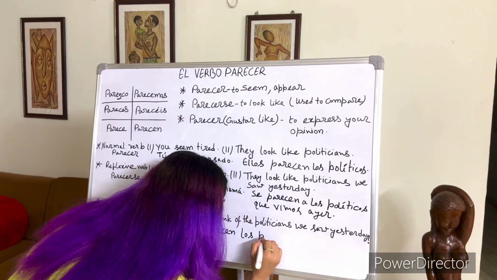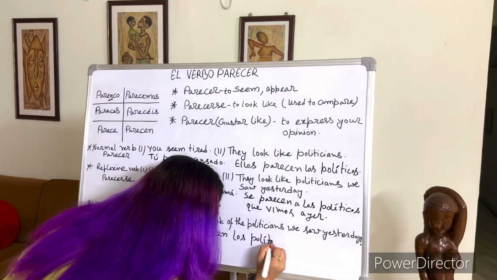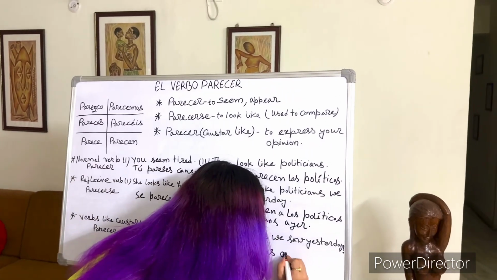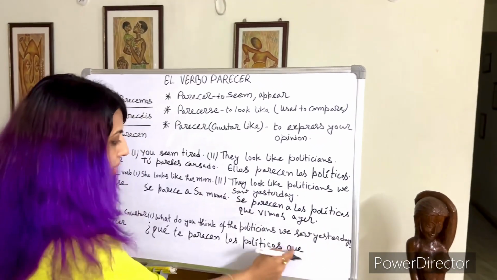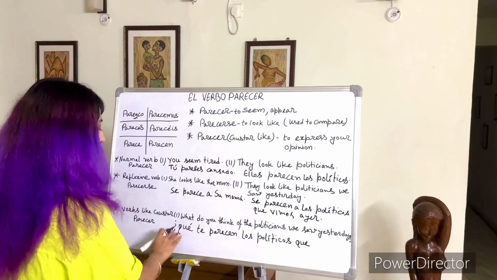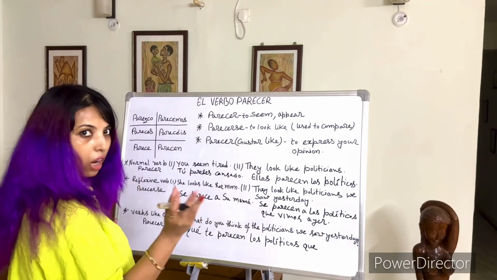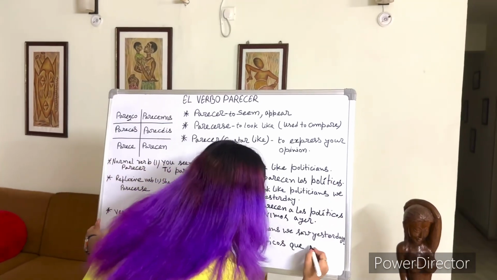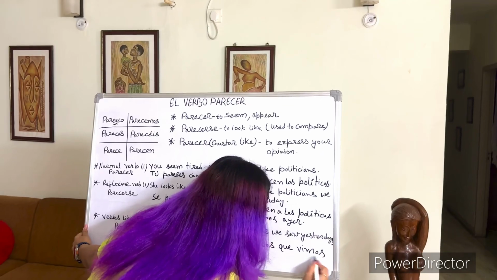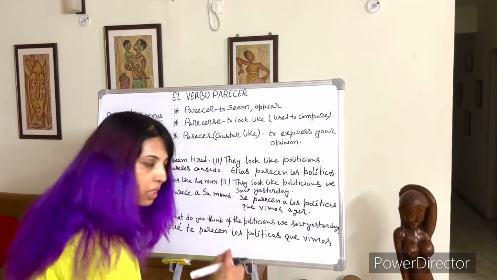Los políticos que, this without an accent is that, and with an accent is what. Que vimos, this is the verb conjugation, where ver means to see.